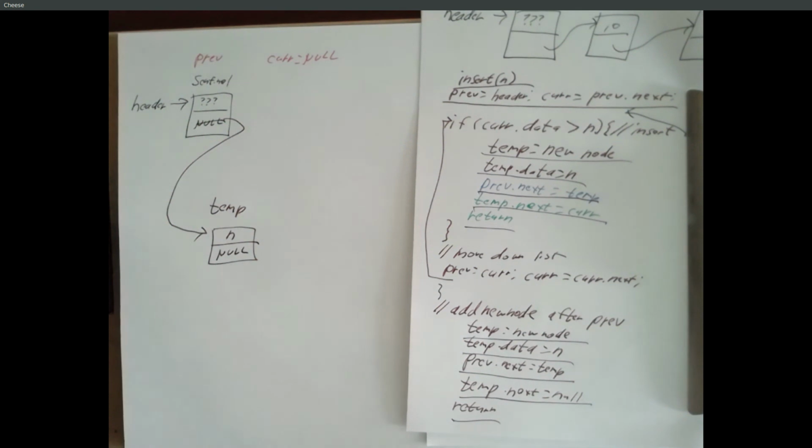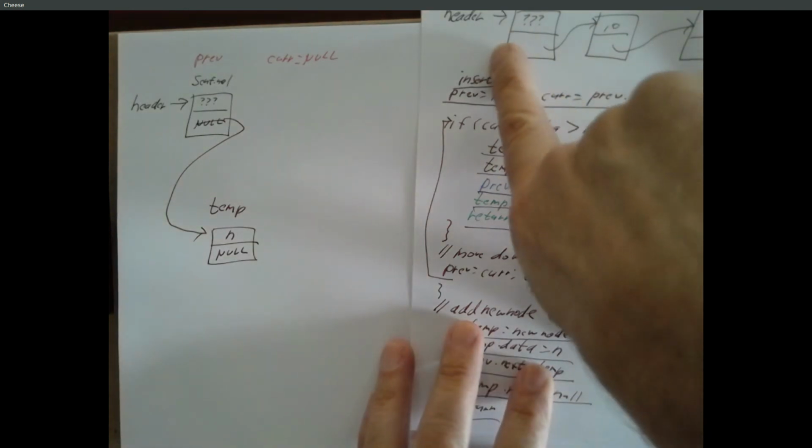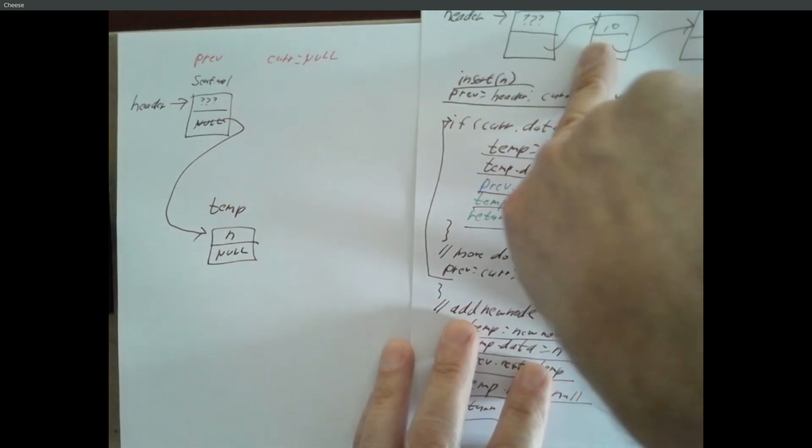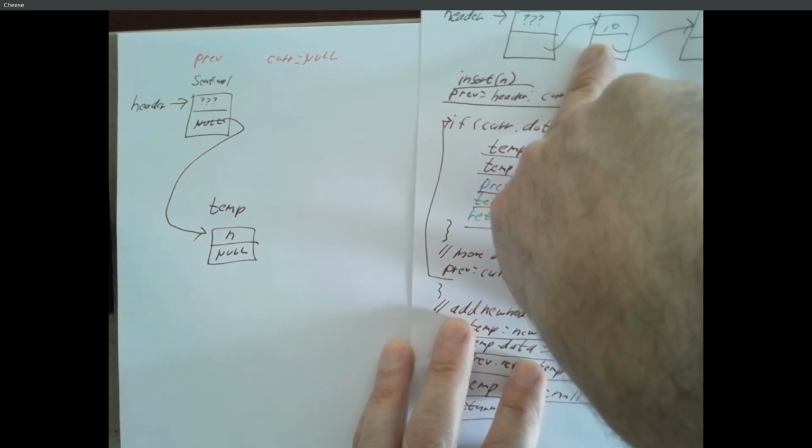And return, and that's a perfectly good looking list containing a single node with the value n. What's the edge case then? There is no edge case. Because it's not really an edge, because we're not inserting at the beginning of the actual linked list. We're inserting after the sentinel node. And that's what the sentinel node is doing for us. It's eliminating that edge case where you have an empty list.